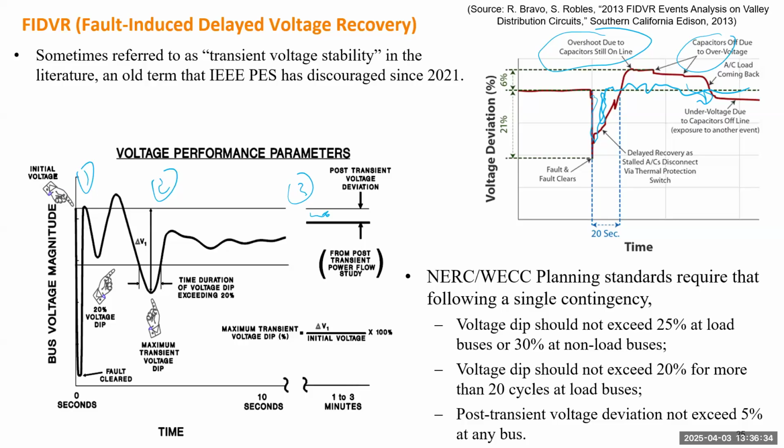If your voltage drops to 0.8, not 0.7, but stays longer than 20 cycles, that's also bad, and you need to limit that. When you get to the third stage, the steady state voltage should not deviate by more than 5%. That's why, if you study steady state power flow, the voltage on the transmission network needs to be from 0.95 to 1.05, so usually a 5% variation.